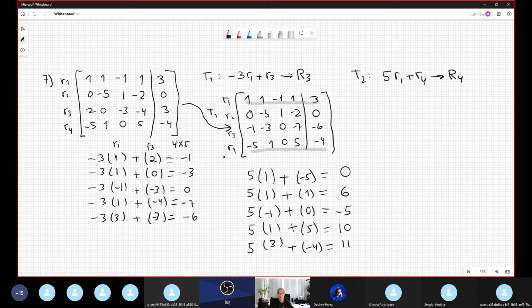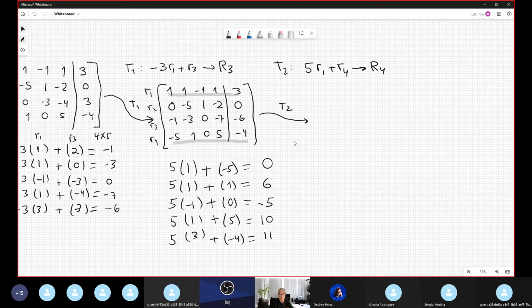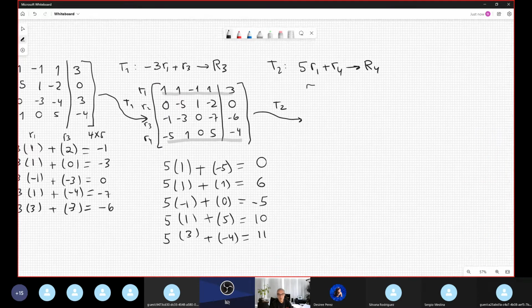No? 11. Okay, so my final answer doing the transformation 2 is I copy, copy, copy everything exactly the same, except the row 4 now is 0, 6, minus 5, 10, and the famous part separate 11.